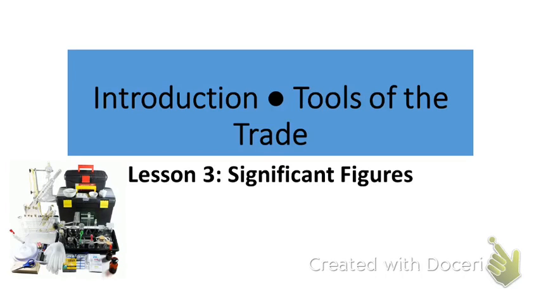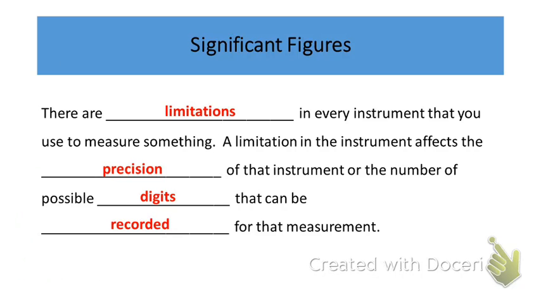There might be times in past labs or past classes, even in your math classes, that you were supposed to record a measurement, or you made a calculation and you get all these decimal points in your calculation and you ask yourself, okay, how many decimal points do I need to record, or how many digits do I need to write down? Well, that's what this lesson is going to help us with, to teach us how many digits we record for any type of measurement.